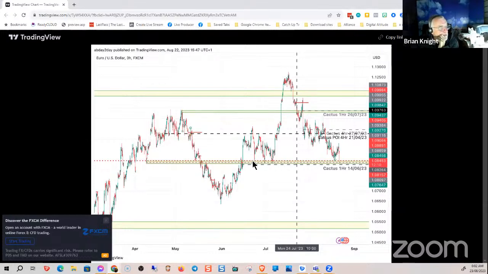That's what he was trying to point out. And this is the Euro USD. The US dollar is strong against all the other currencies. So just know that that's what's occurring there. That's all.